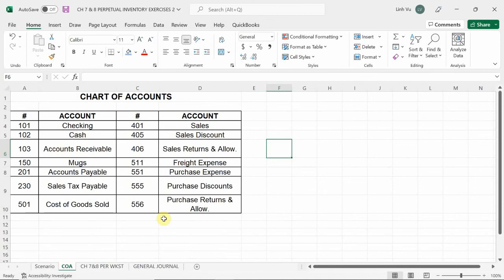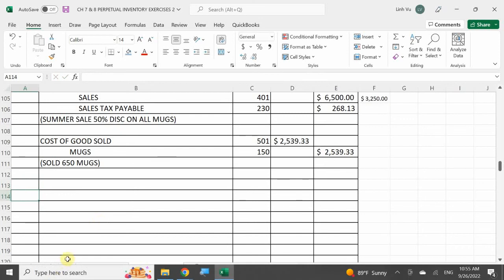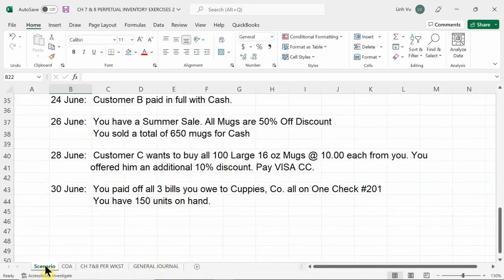Sales tax. What else? Sales discount. We're gonna recognize a sales discount. Good. And then what else? Okay. Cost of goods. Not yet. That's when we update our inventory, okay?